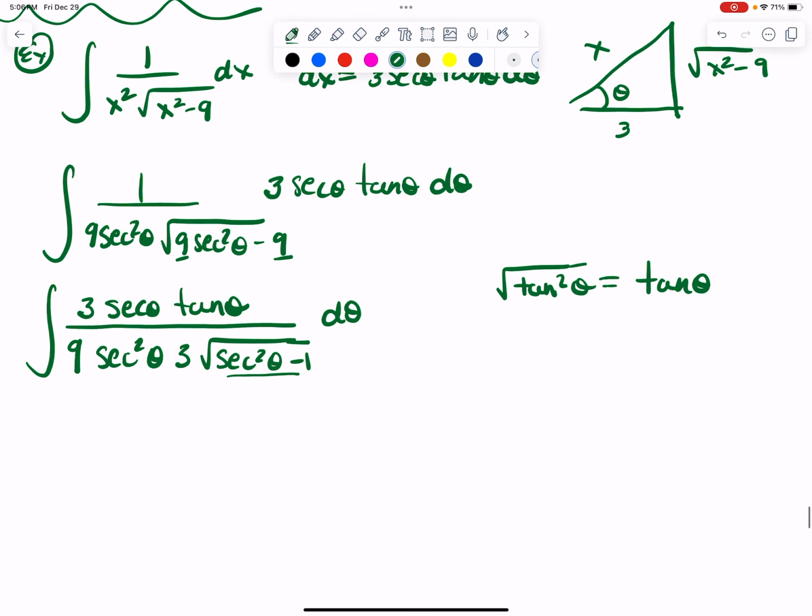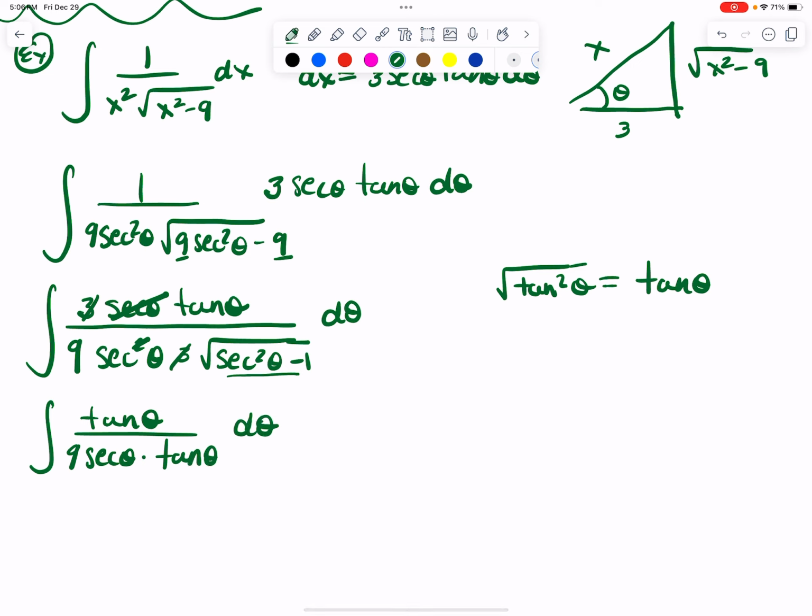All right, so those 3's cancel, and I can cancel one of those secants with this. So now I'm at tangent theta over 9 secant theta, times the square root of tangent squared theta, or tangent theta d theta, and my tangent thetas cancel.